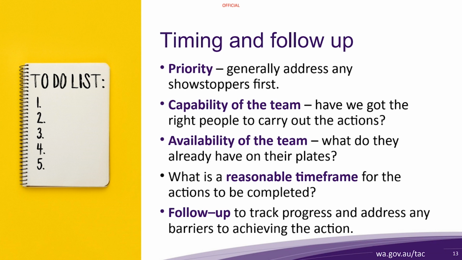We have that obligation. So asking those 2 questions about capability and availability help us figure out what a reasonable time frame is for completion, and do we need to put any additional resources in place to actually make sure that those actions can be completed.